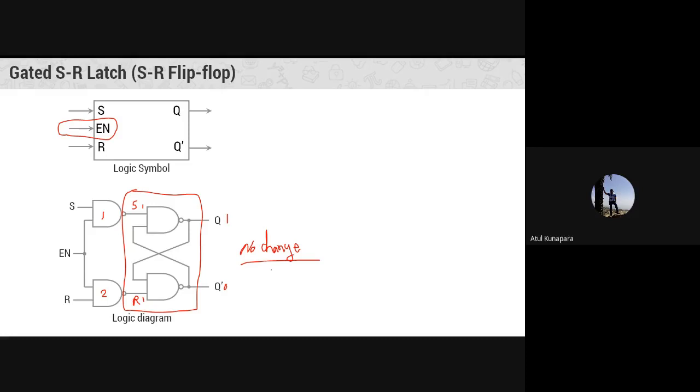It means in the NAND gate latch, when you want to get no change at the output side, the S and R inputs applied here should both be logic 1. Okay. Now that condition will always arrive when your enable signal is kept 0. If enable signal is coming 0 here, now whatever value of S and R is, whether you put S equal to 0, R equal to 1, or S equal to 1, R equal to 0, or they both 0, or they both 1, whatever value you keep for S and R, the output of NAND gates number 1 and 2 is going to be 1 1, isn't it?